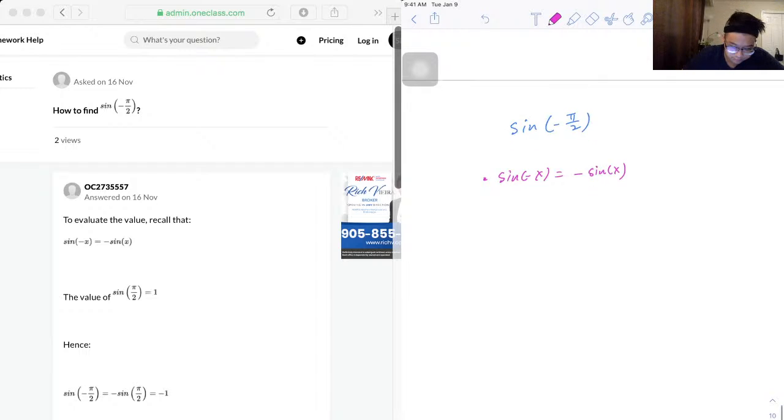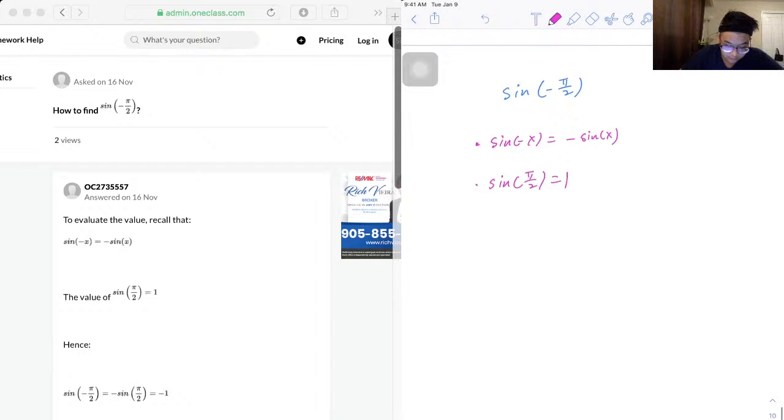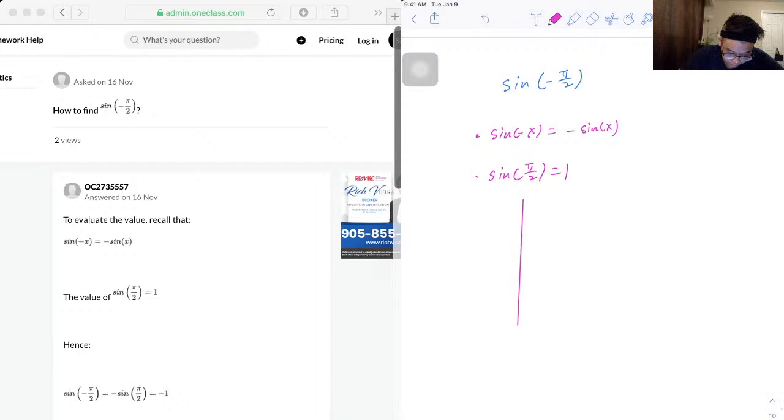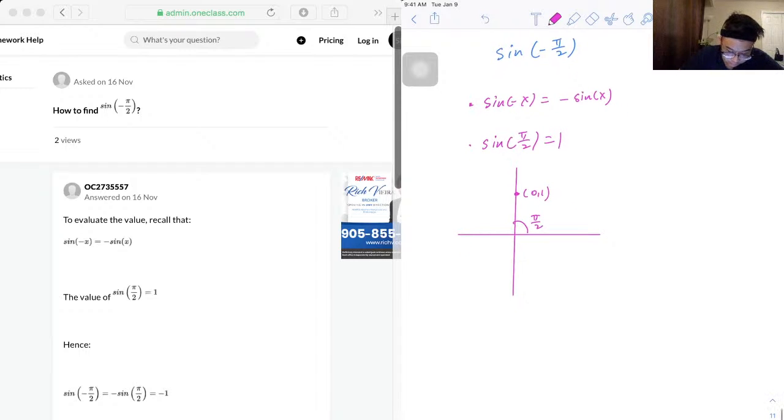Therefore, if we calculate sine pi over 2, this is going to be equal to 1, since if you draw down the xy axis, that's going to be (0, 1), and that's pi over 2. So sine pi over 2 is just going to be 1 over 1, so it's still 1.